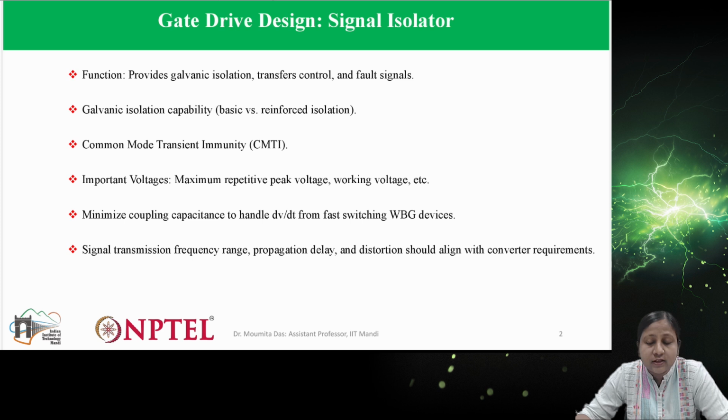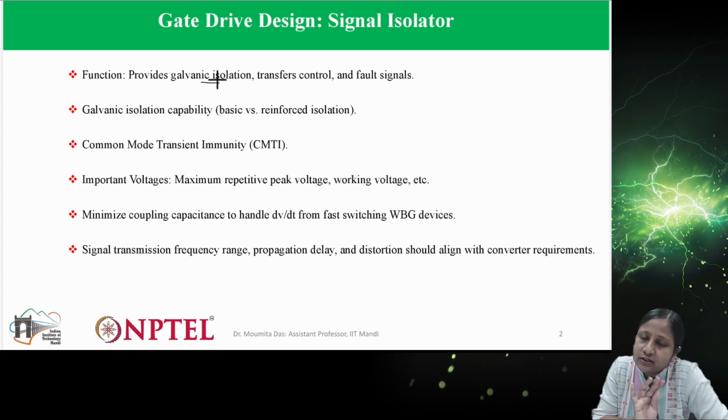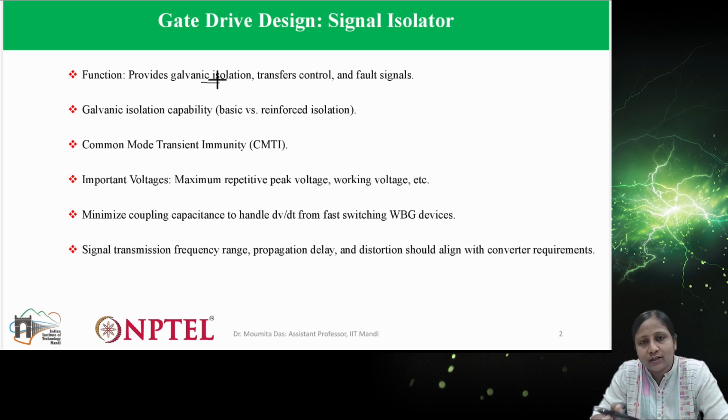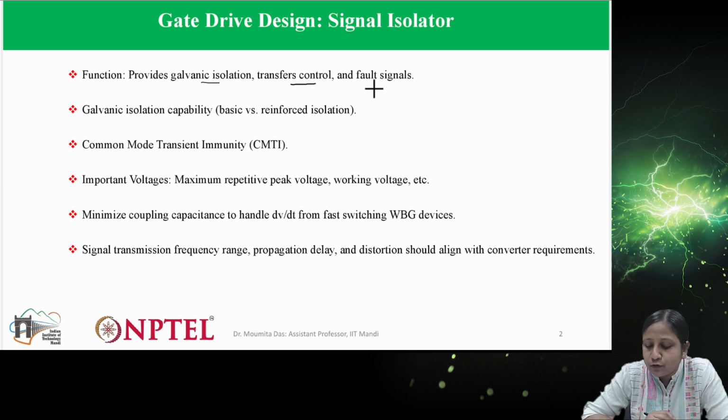So what is the function of this signal isolator? Why do we need to provide the isolation? The main thing is that it provides galvanic isolation, which provides some potential difference between the input and the output. This is very important so that it can transfer the control signal from the microcontroller to the power circuit, and it also separates the fault signal.